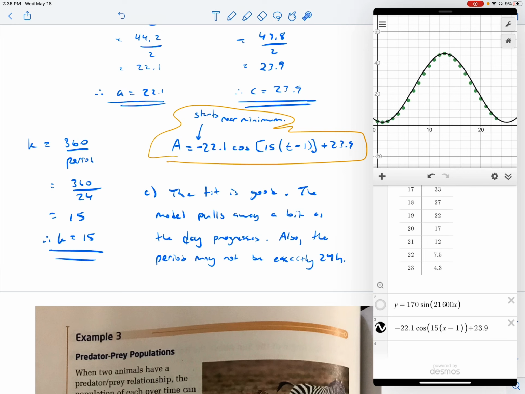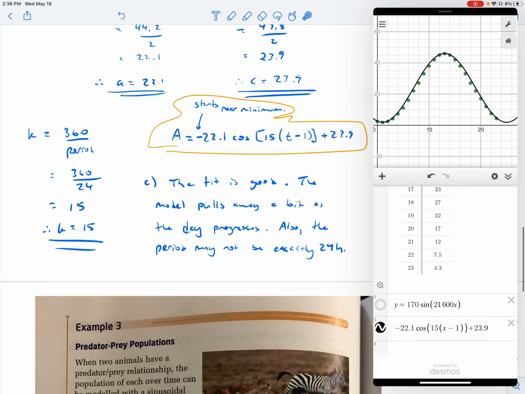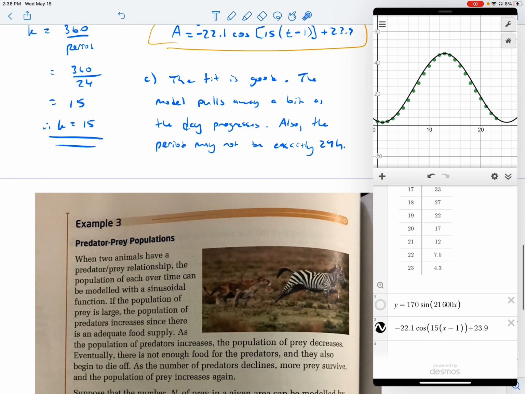Well, it has to do with the Earth being on a tilted axis, and being up north near the North Pole. The daylight hours aren't going to be exactly 24 hours as the Earth rotates around. So that's why there might be a slight discrepancy.